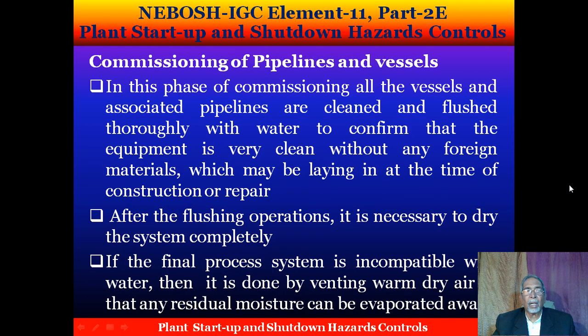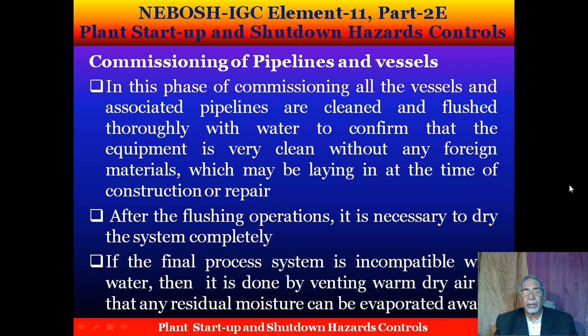Now we'll discuss the commissioning of pipelines and vessels. In this phase of commissioning, all the vessels and associated pipelines are cleaned and flushed thoroughly with water to confirm that the equipment is very clean, without any foreign materials which may be lying in at the time of construction or repair.